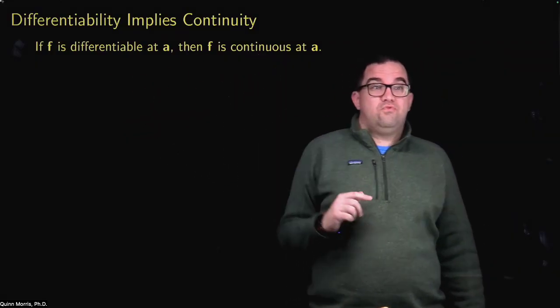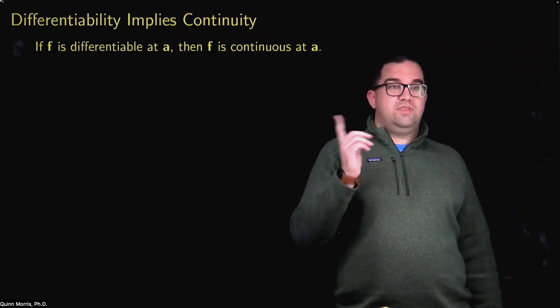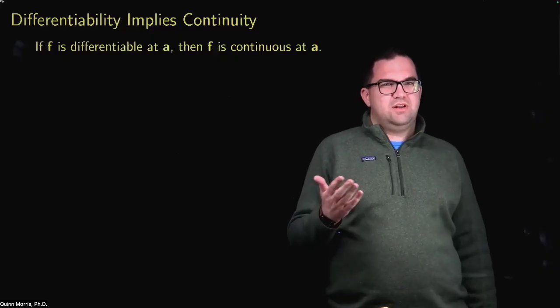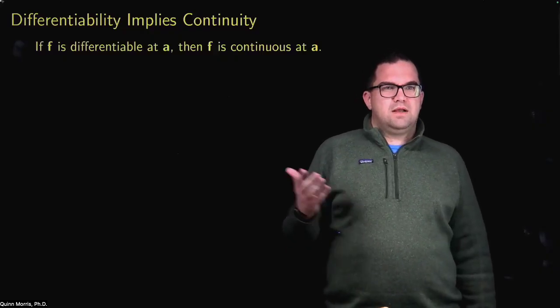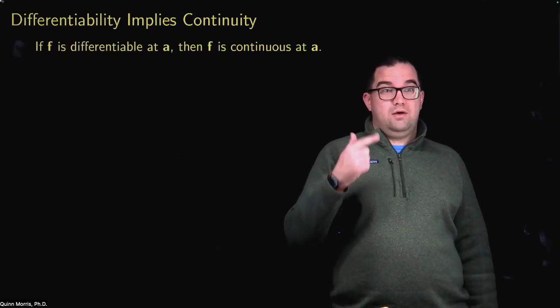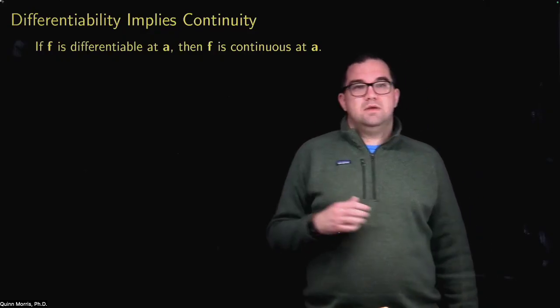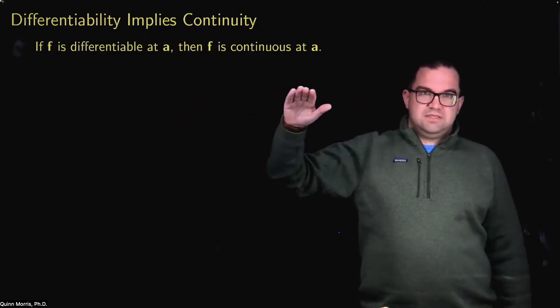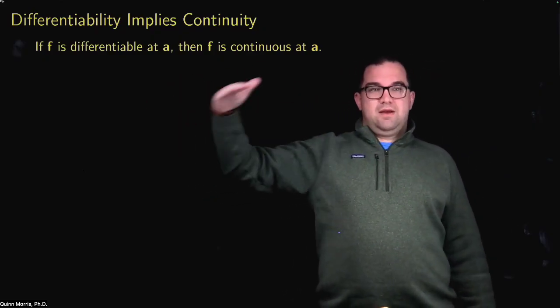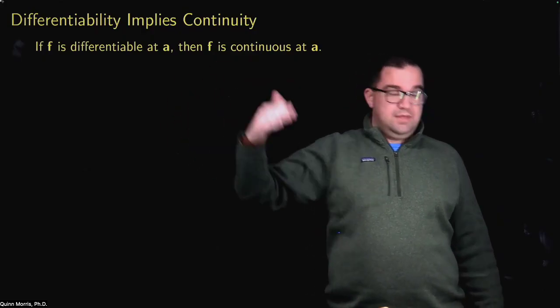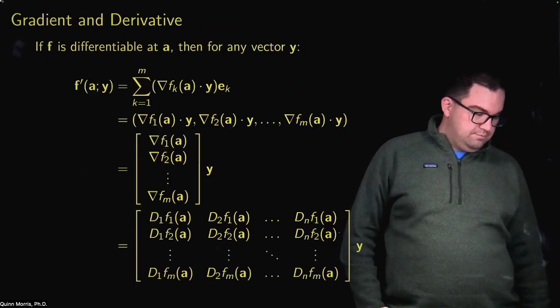That's how we knew, for example, that the existence of all the directional derivatives couldn't possibly be the right definition of differentiability, because we saw examples where all the directional derivatives existed, but the function wasn't continuous. So again, this is for vector fields. The same idea carries over: this is the right definition of differentiability, and differentiability will imply continuity.